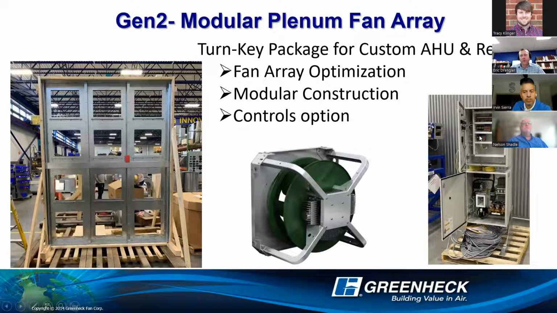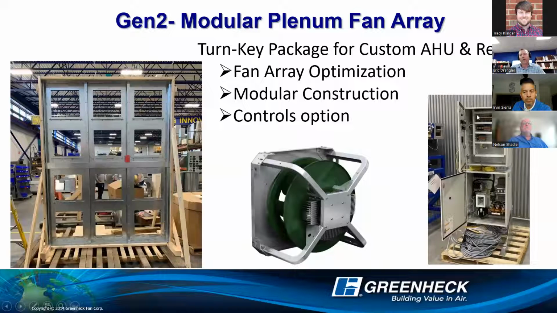So the controls features basically operate two ways. Either you can set it up so that the building management system basically just passes information through to each fan module. Each fan module has its own drive. So the building management system, if it's sophisticated enough, can run each fan individually, monitor them, turn fans on and off if you want.